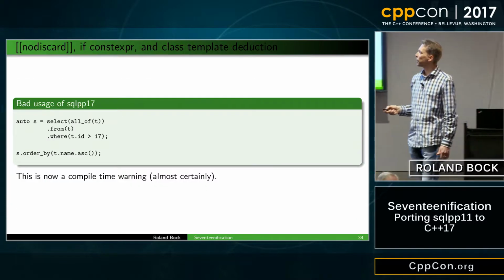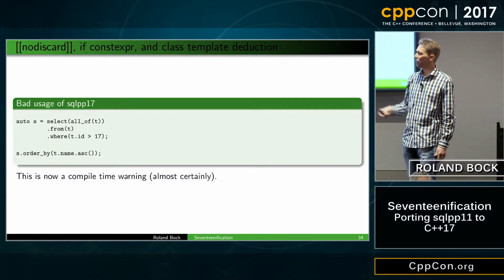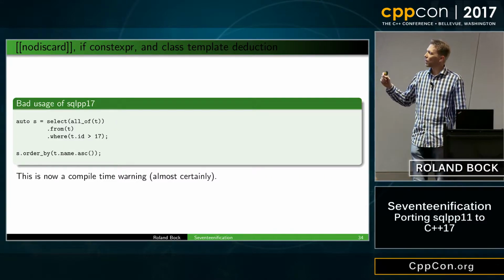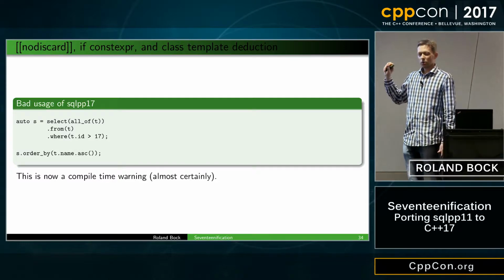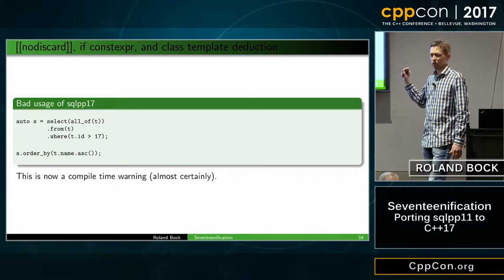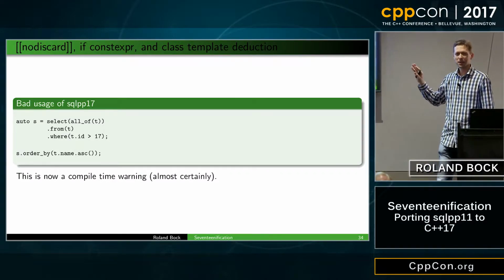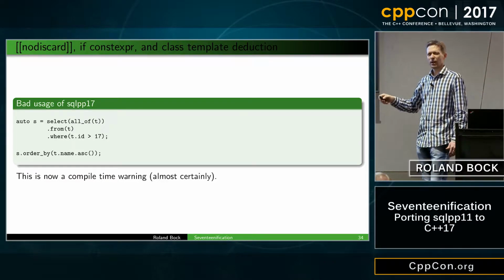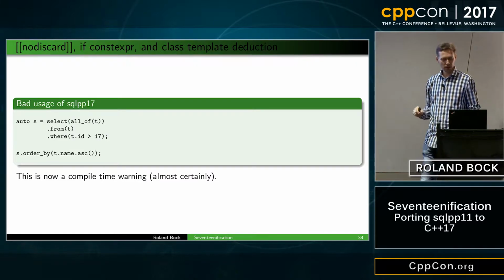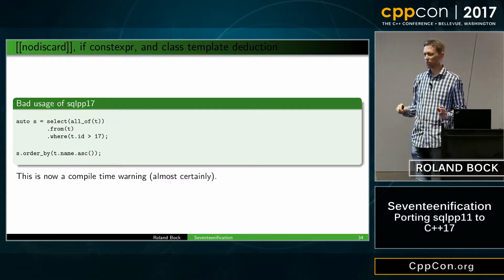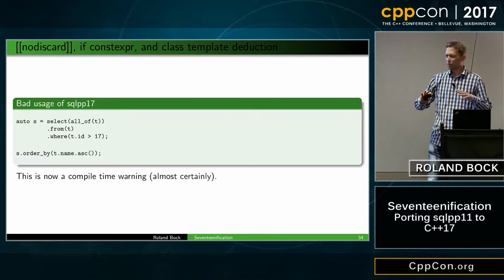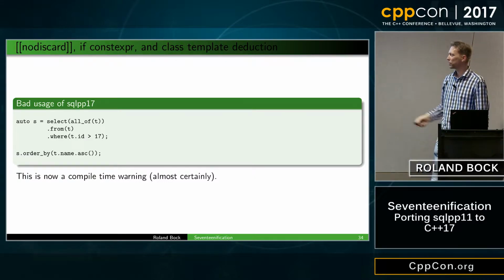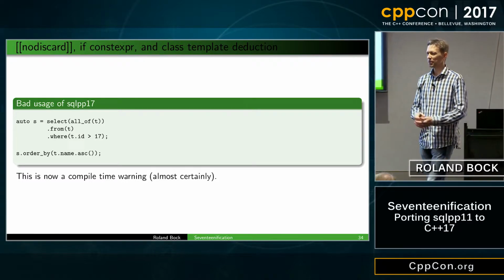And then if you call this in the same way as we did before, there's almost certainly a compiler warning. Almost certainly, because the standard doesn't mandate that. I don't know why. It highly recommends it. I don't know the exact wording, but it basically says implementers are recommended to issue a warning here, but it's not mandatory. Yes, Jason.